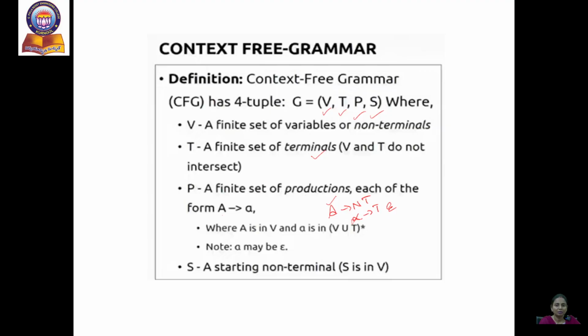Epsilon is the null value. And S indicates the starting non-terminal. Within the grammar, the non-terminal that is written first by producing some production will be considered as the start symbol in the grammar.